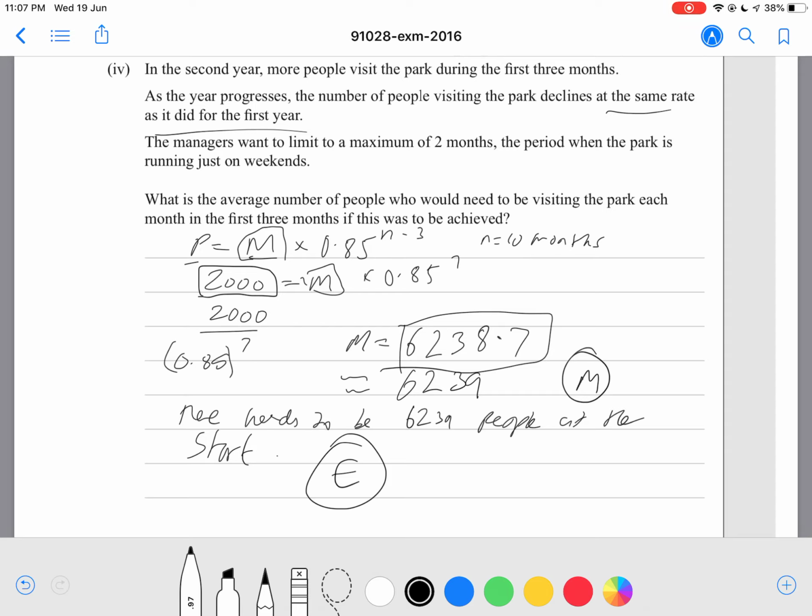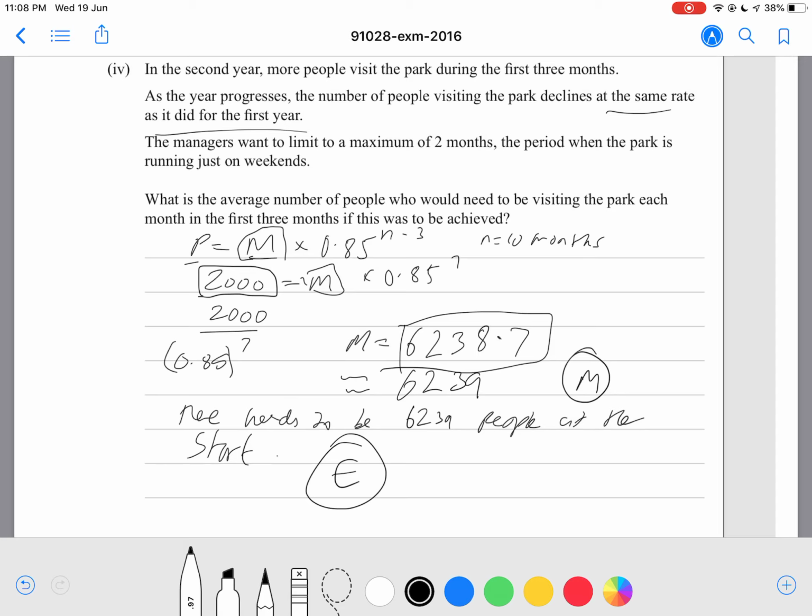I'll explain one last time, okay? So we have our P equals to our new number of people visiting the park, but we don't know what that number is, because the number has changed. It's not 4,000 anymore. The managers want to limit a maximum of 2 months when the park is running on just weekends.